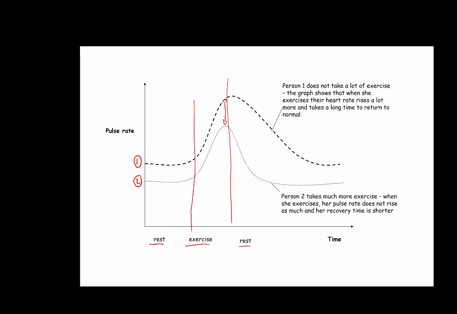Then when they stop exercising, you can see person 2's drops really quickly, whereas person 1's takes a longer time to return to normal. It's only really at about this point that person 1 has returned to normal, whereas person 2's heart rate has returned to normal much sooner.